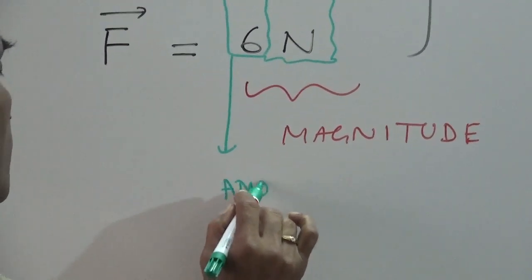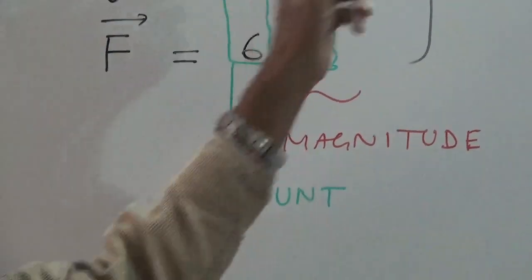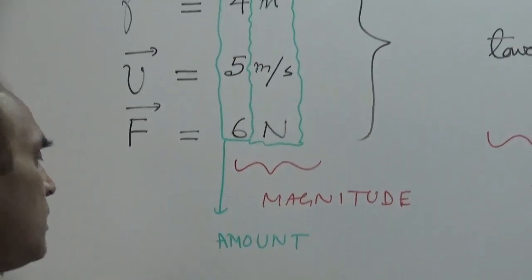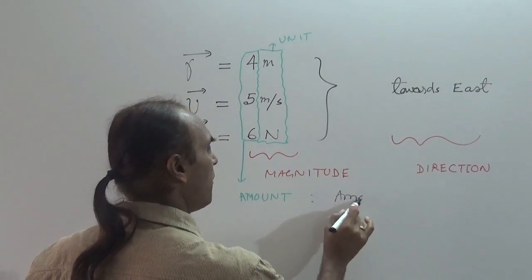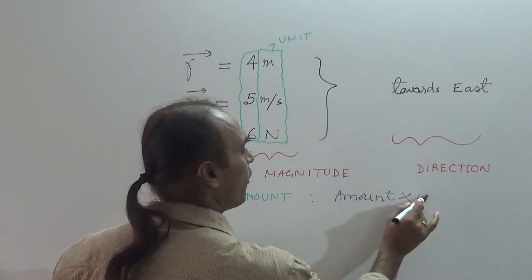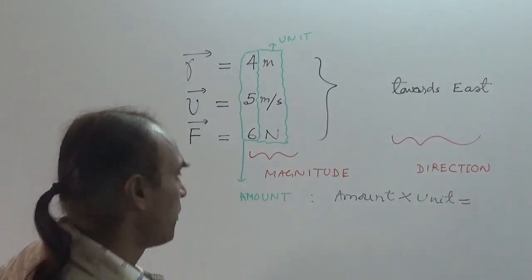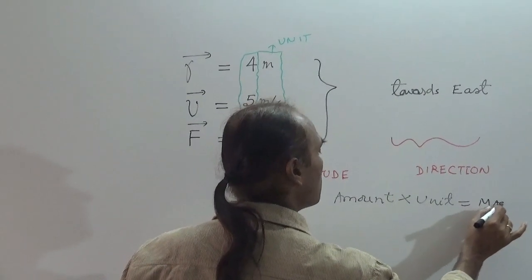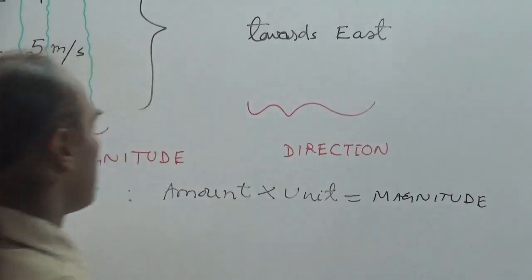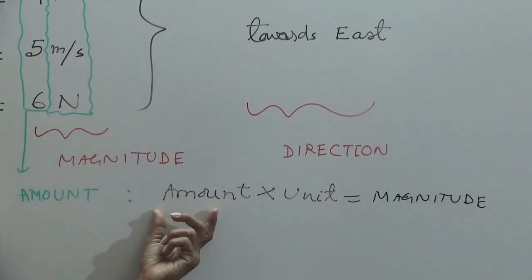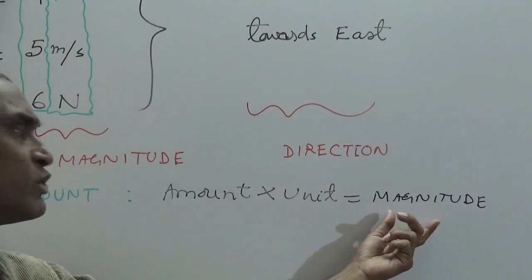Amount into unit is the magnitude of the vector quantity. This is very important. Amount of the vector into the unit of the vector is equal to the magnitude of the vector quantity.